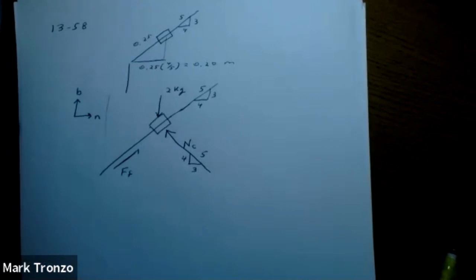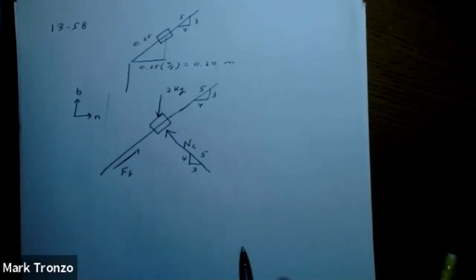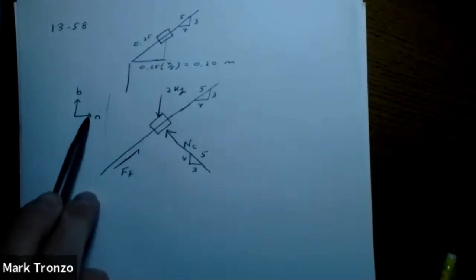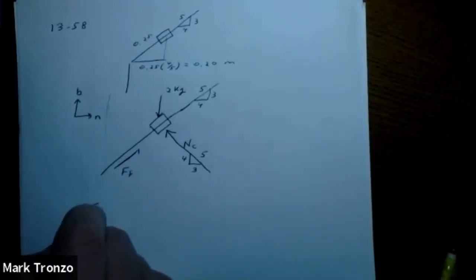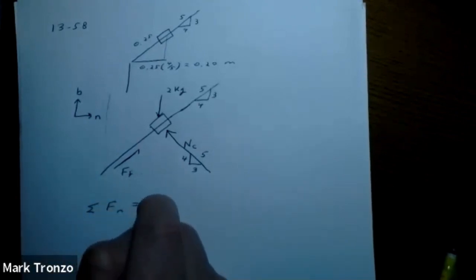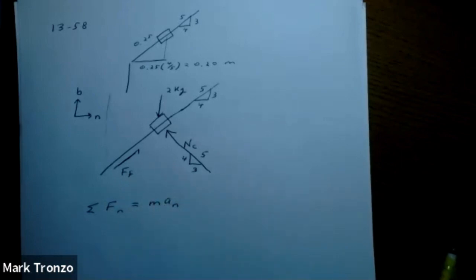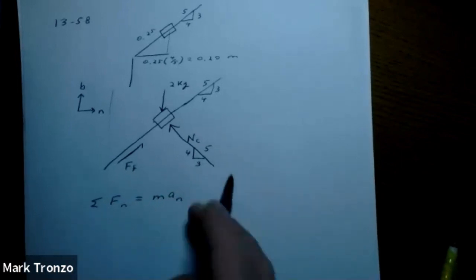So let's see what we can do with this. Sometimes you can just start summing forces. So let's sum the forces in the normal direction, equal to m a normal.